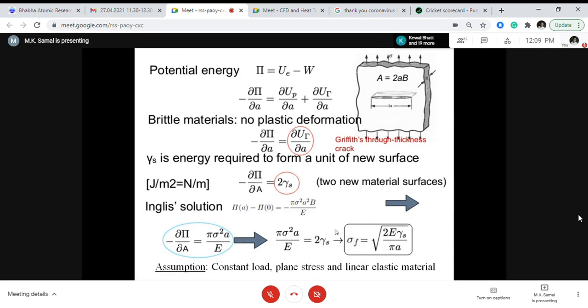They are initially moderately ductile and fall into the class of ductile materials. But over a period of time, when neutron irradiation takes place, they become less ductile. For those materials, you can apply the concept of linear elastic fracture mechanics.